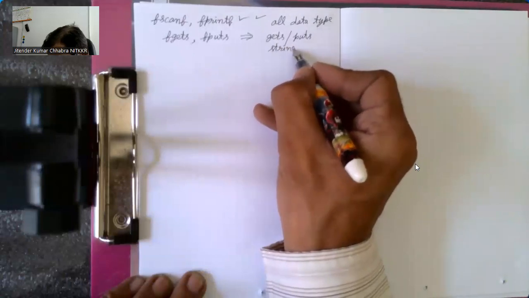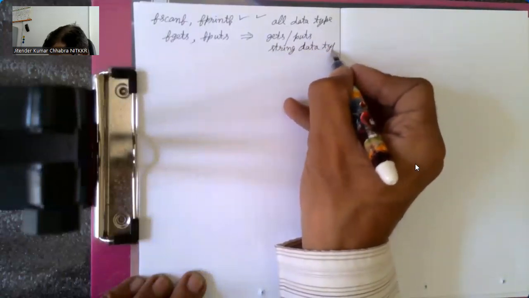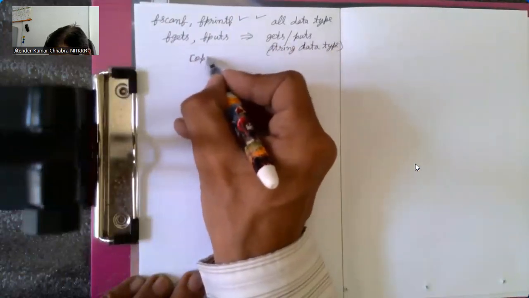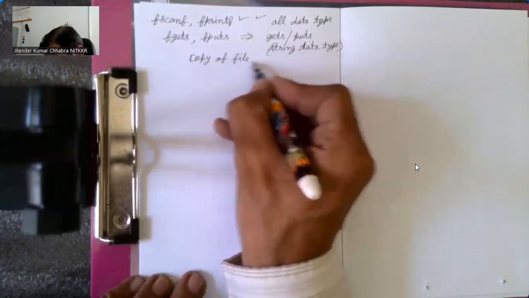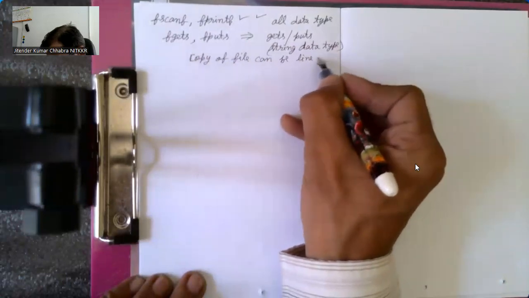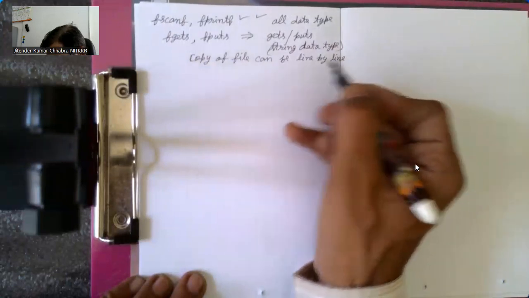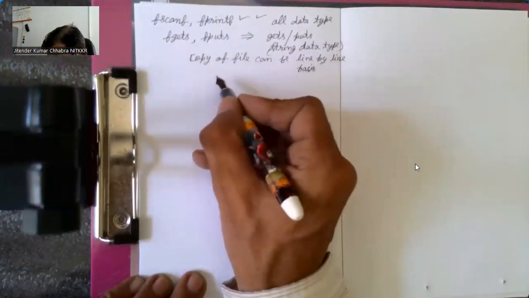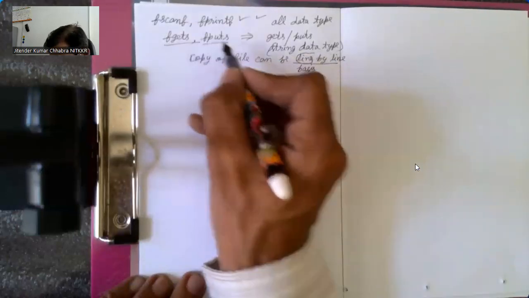For example, copying of a file can be line by line. What we have just done earlier was character by character. But you could read a file line by line, string by string, and fgets or fputs can be used.